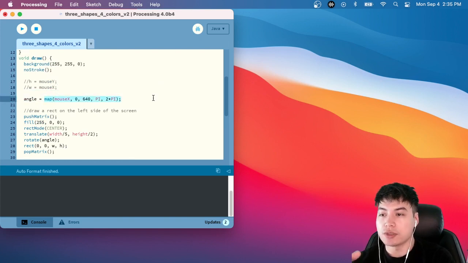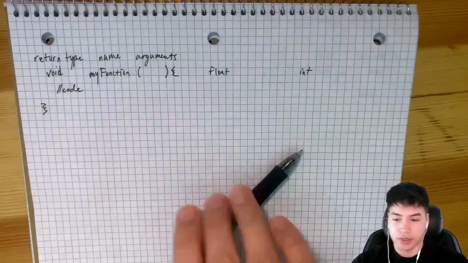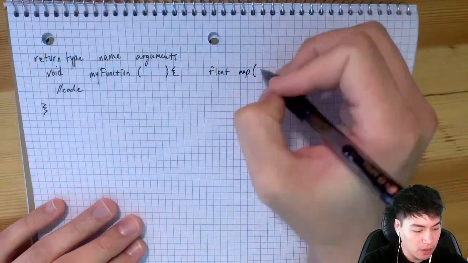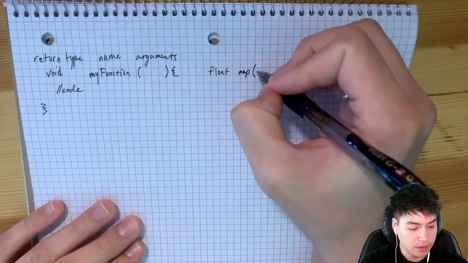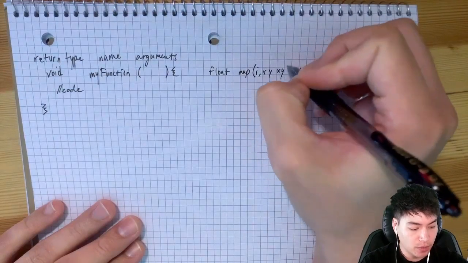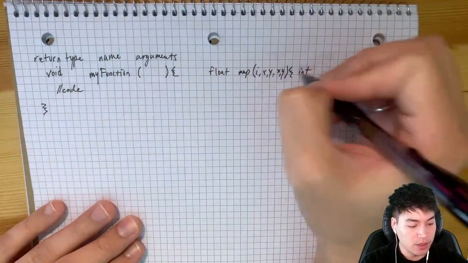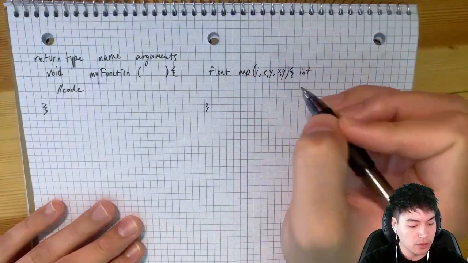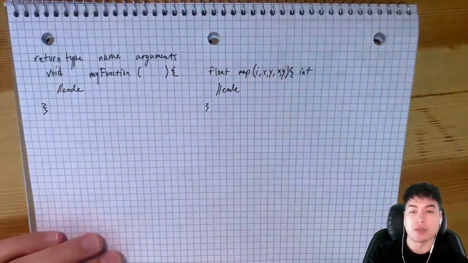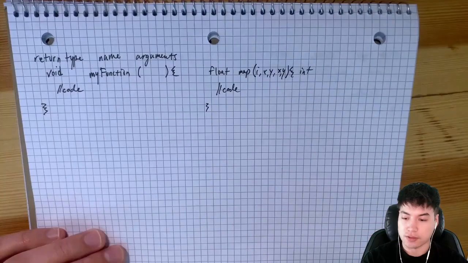So this function might look something like this: float, map, and then here in the arguments you would have the number and then the two ranges, so you have 5 arguments here. You'd have your open and closed curly brackets, and then you'd have the code inside of the map function to actually do all the math that you need. So the map function might look something like this.